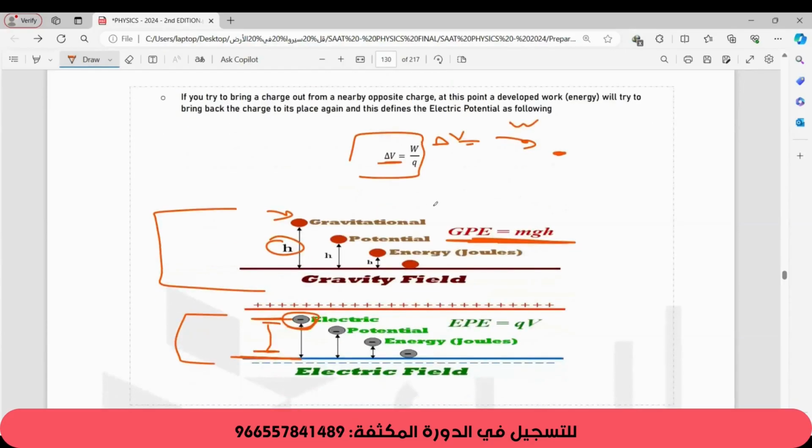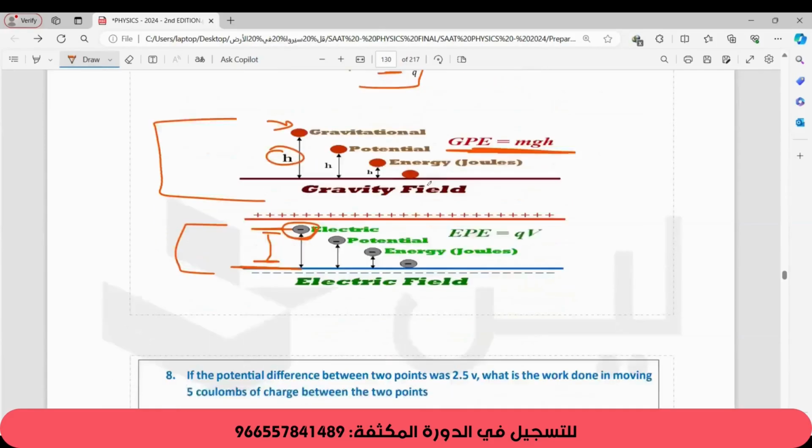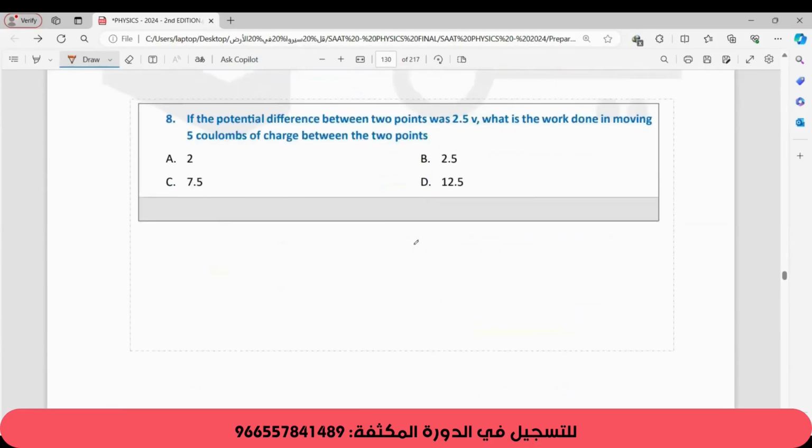All right, let's see here. If the potential difference, V, which is the voltage, was 2.5 volts, what is the work done?